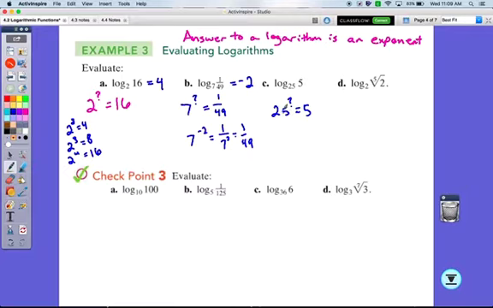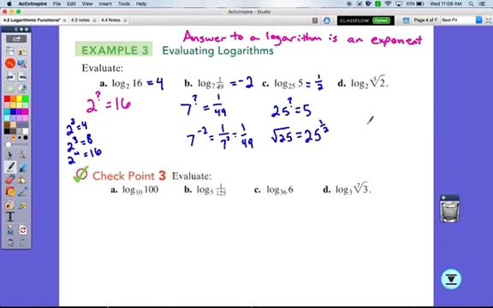So I know the square root of 25 is 5, and we've talked about how the square root is the same thing as saying to the 1/2 power. So the square root of 25 is 5, which is the same as 25 to the 1/2 power, so our answer is 1/2. If the argument is the square root or cube root of the base, then we have 1 over the index of the root: 2 for the square root, 3 for the cube root.